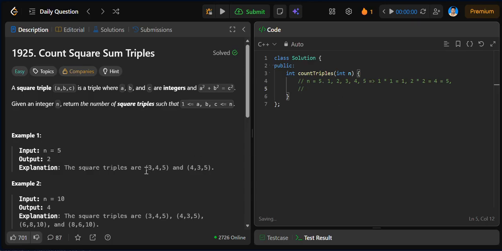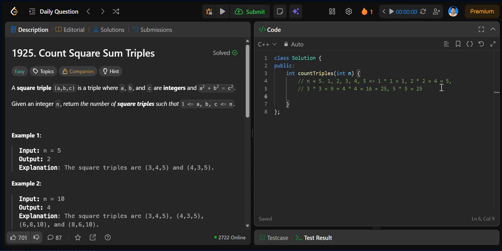So we see 3, 4 and 5, and 4, 3 and 5. Here 3 into 3 is equal to 9 plus 4 into 4 is equal to 16. So what is 16 plus 9? 25, right? And 5 into 5 is equal to 25. So I got this 25 from 5.